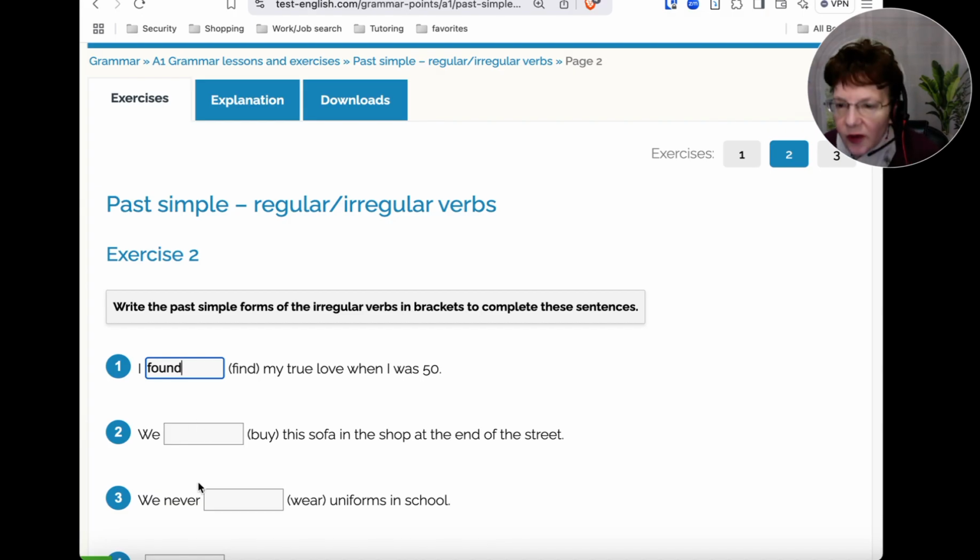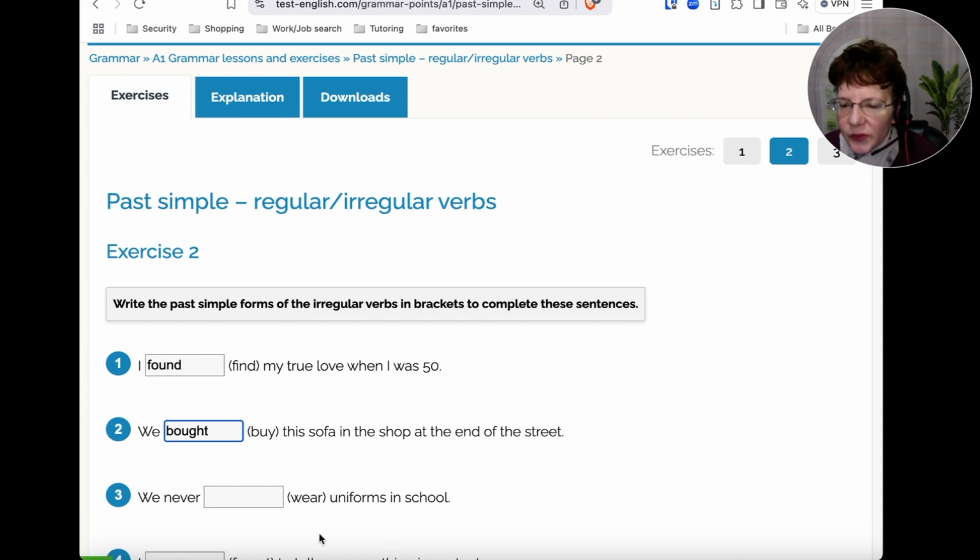So all right, and then number 2, we buy this sofa in the shop at the end of the street. So buy becomes, well, it ends in a T, right? And we change this to O-U-G-H, right? So it's a very different spelling. So we bought this sofa in the shop.